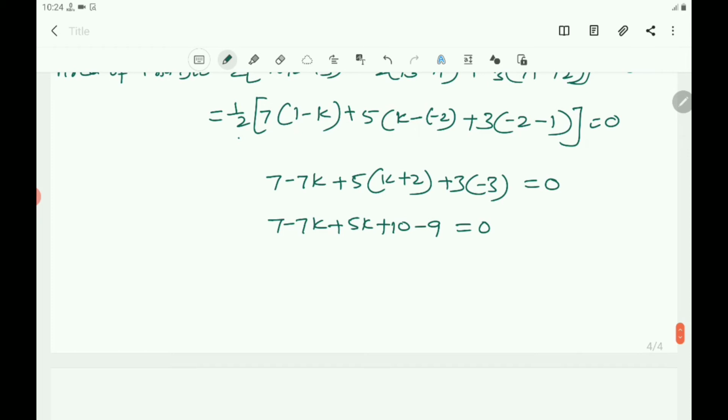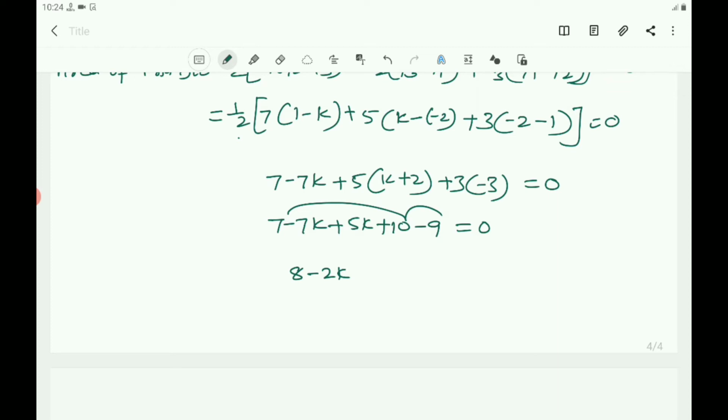Then add these. 7 plus 10 is 17. 17 minus 9 is 8. And this minus 7k plus 5k is minus 2k. 7 minus 5 is 2. The greater number 7 is having negative sign, so you must write minus 2.